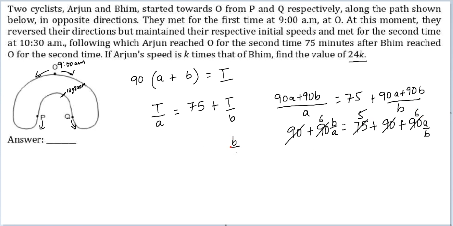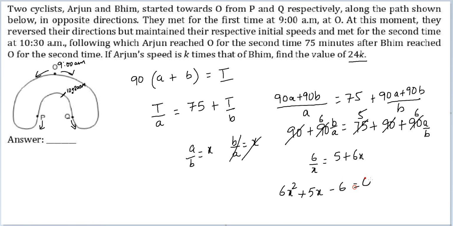So if I take b/a = x, or I need Arjun's speed is k times that of B, so let me take a/b = x. Here I get 6/x = 5 + 6x, or 6x² + 5x − 6 = 0.